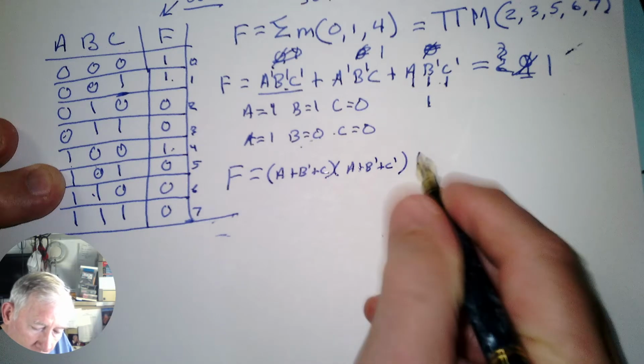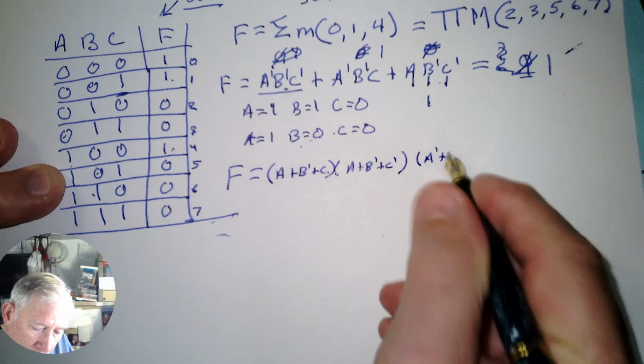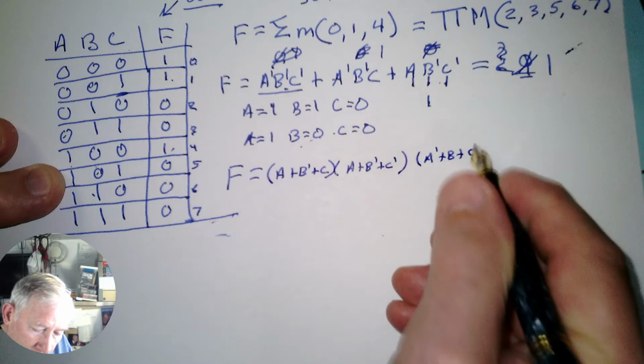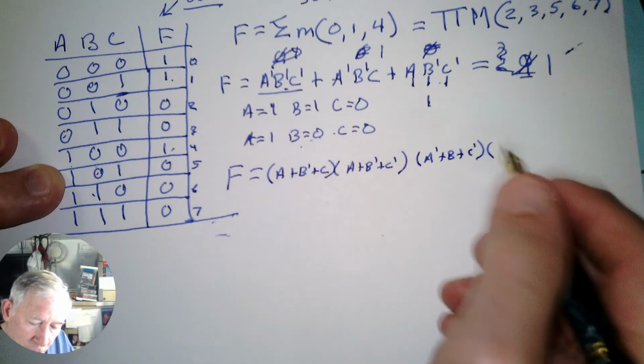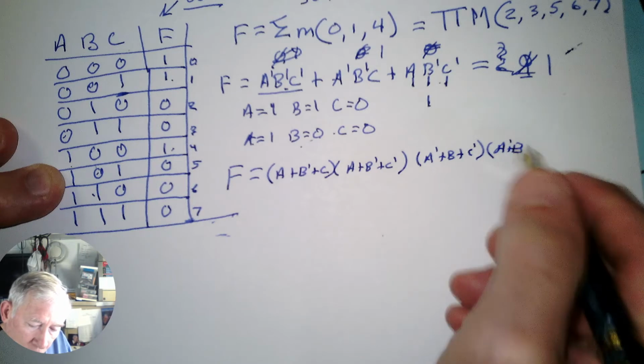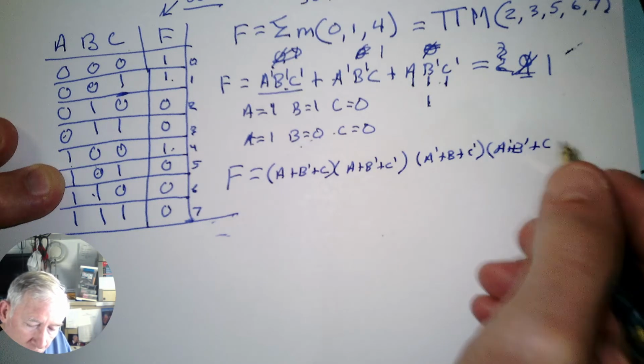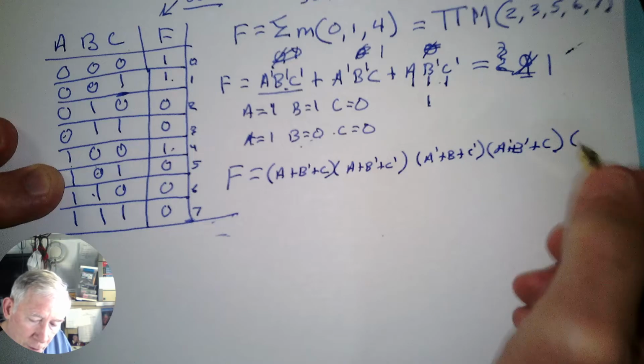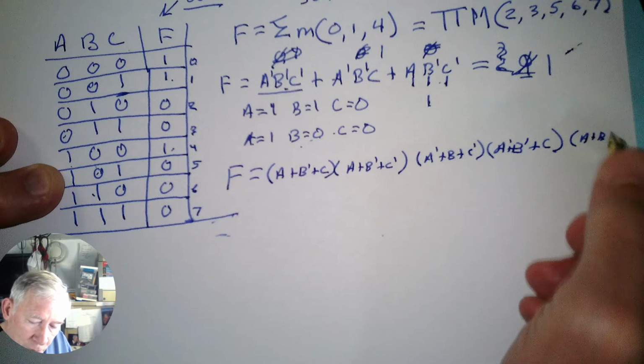Maxterm 5 is going to be A prime plus B plus C prime. Maxterm 6 is going to be A prime plus B prime plus C. And maxterm 7 is going to be A prime plus B prime plus C prime.